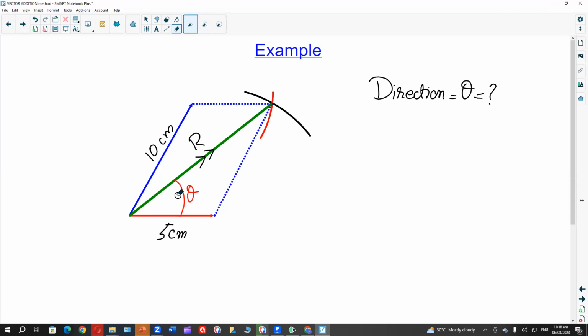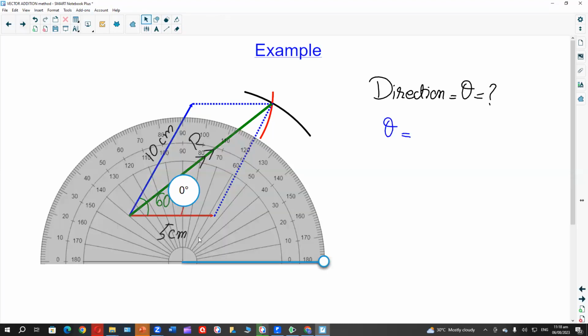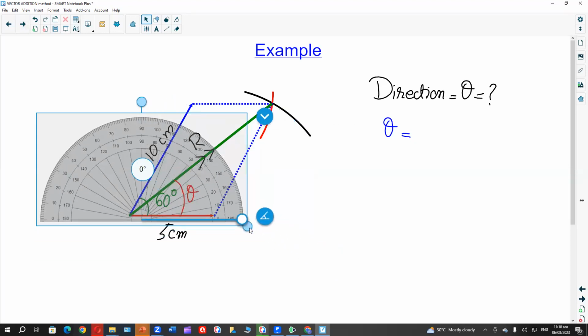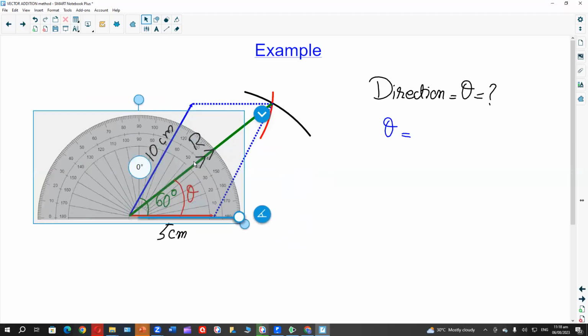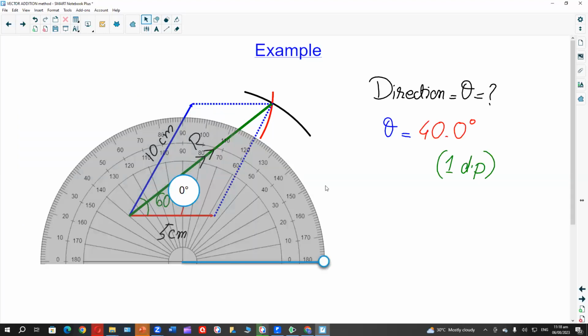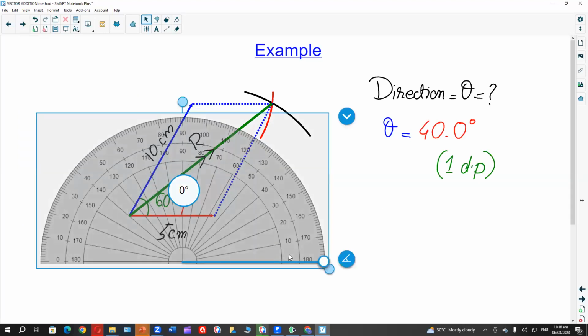If you have measured it, then it should be right. Theta I'm getting is also 45 degree.